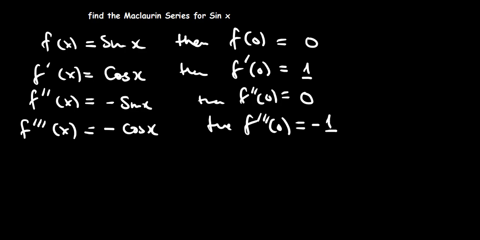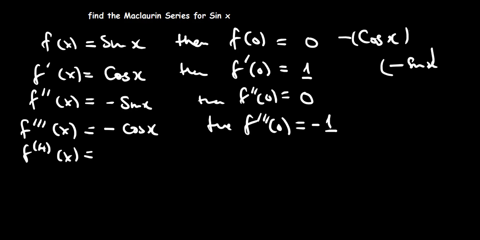We do this again, we go to the fourth one. When we differentiate negative cos x, this gives us sine x, because we have a negative outside, so when we differentiate and multiply, we just get sine x.